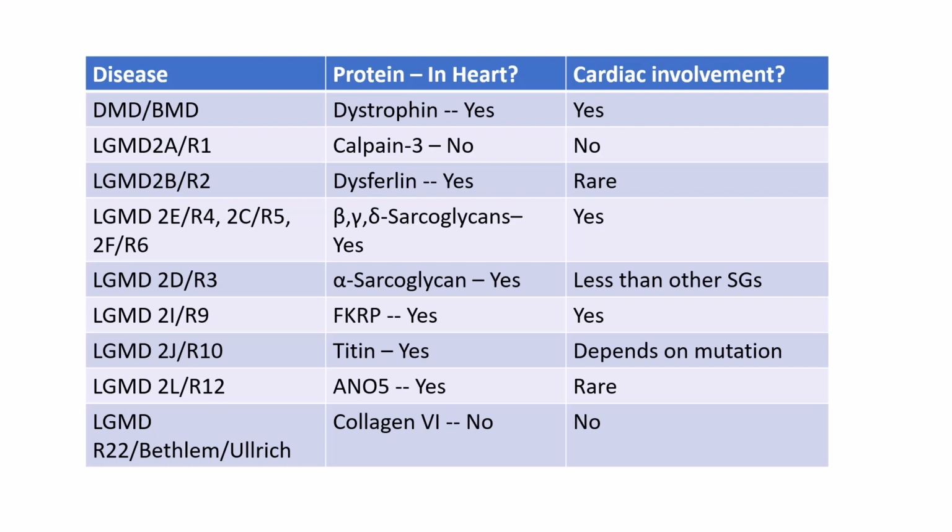And even among the sarcoglycanopathies, which are LGMD 2C, D, E, and F, for some reason, people with mutations in alpha sarcoglycan, even though it's expressed in the heart along with the other sarcoglycans, are less likely to have heart issues, and they're less likely to be severe than in people with other subtypes.